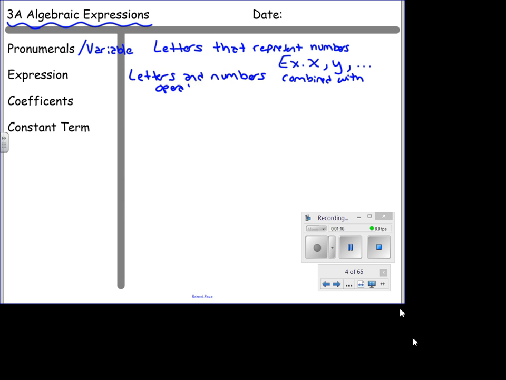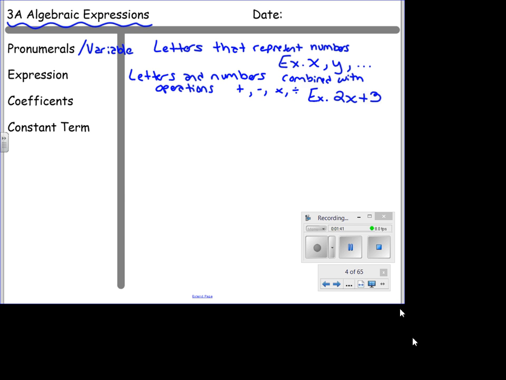And operations could be addition, subtraction, multiplication, or division. So an example of an expression might be 2x plus 3. I've added together the product of 2 and x to 3, okay?